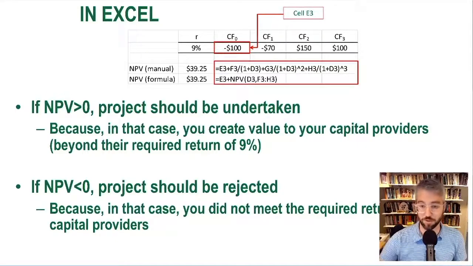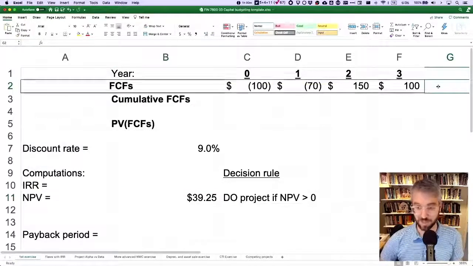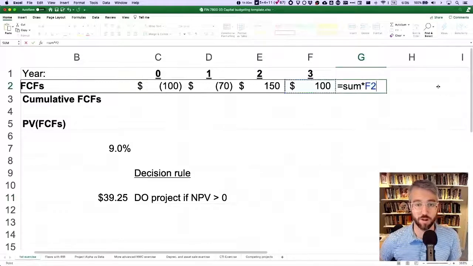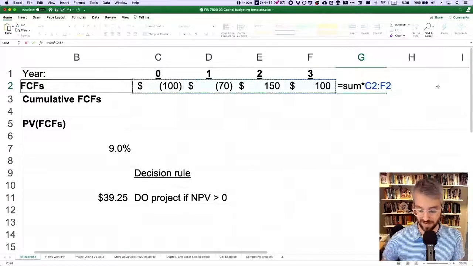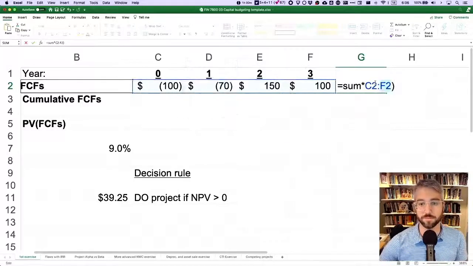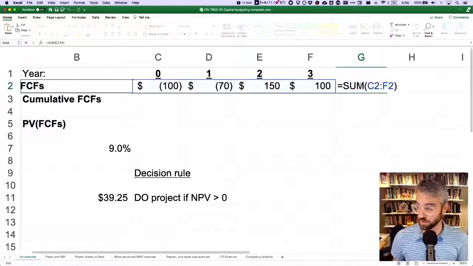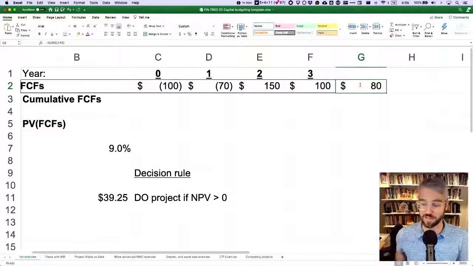And so, for example, if we go back to the Excel, we note that we've calculated a 39.25% rate of return, 39.25% positive NPV. If we were to just add up all 4 of these cash flows, 2 negative and 2 positive, sorry for the typo, you'll see that in dollar terms, the project has created $80 million worth of positive cash flow.